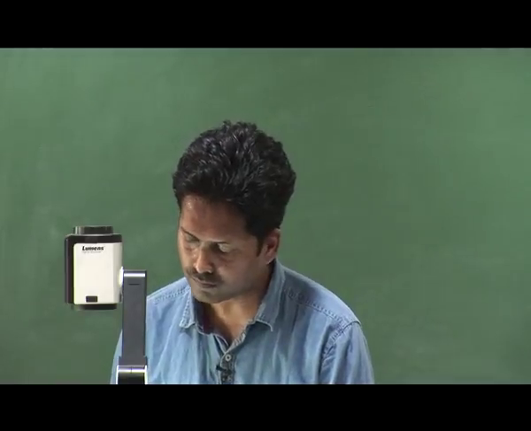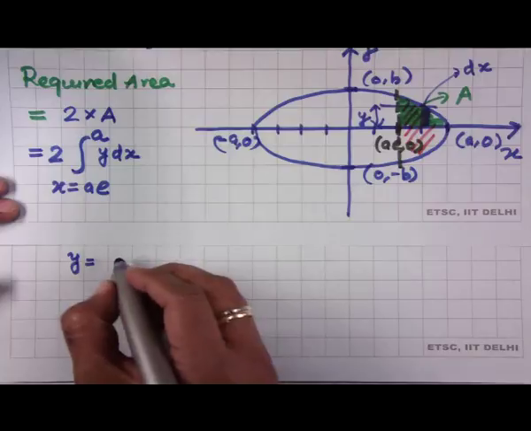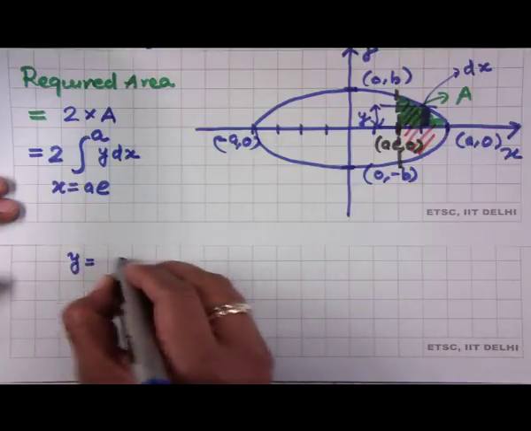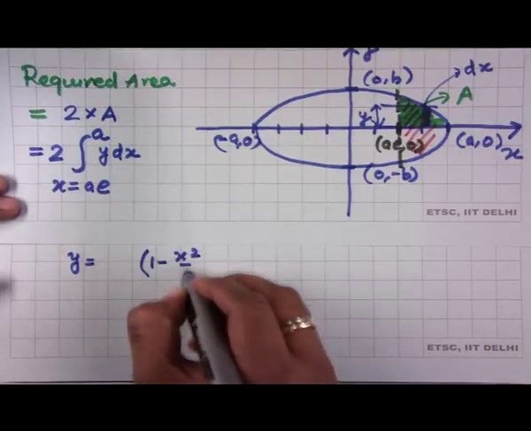If you solve the equation for y, you get two values of y, that is plus minus b under root 1 minus x square by a square.